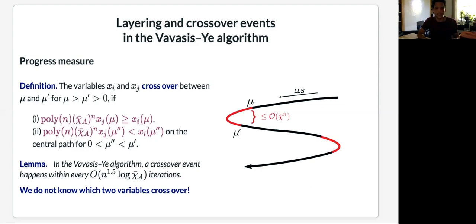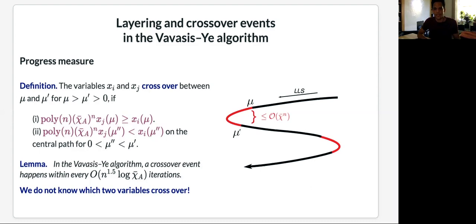With the standard analysis for interior point methods, we can traverse this curved part in root n times the logarithm of chi bar to the n iterations, which means we can traverse this curved part in, as stated here, n to the 1.5 log chi bar iterations. And importantly, we do make combinatorial progress while passing through such a curved part.